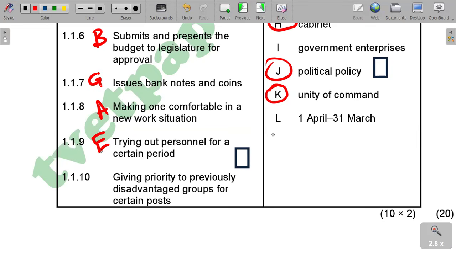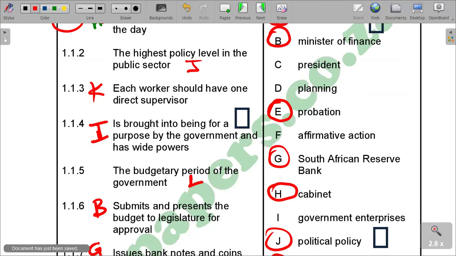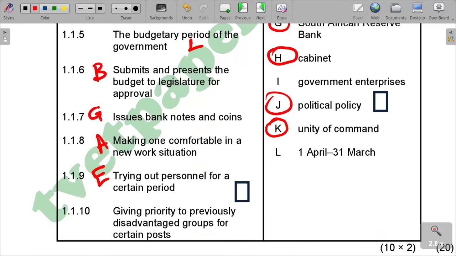Then, giving priority to previously disadvantaged groups for certain posts. We talk about affirmative action. Affirmative action works to ensure that people who were once segregated or sidelined are taken into account or given priority.